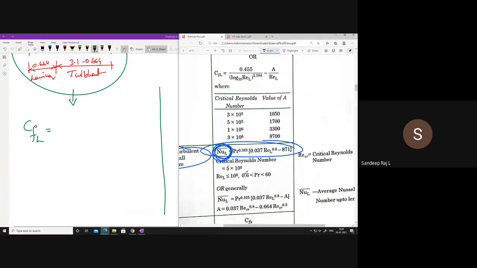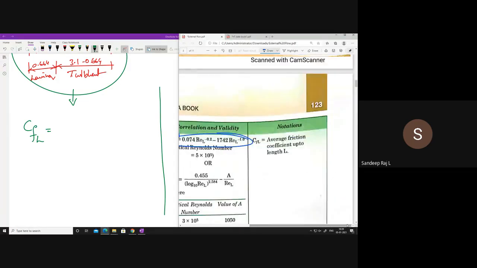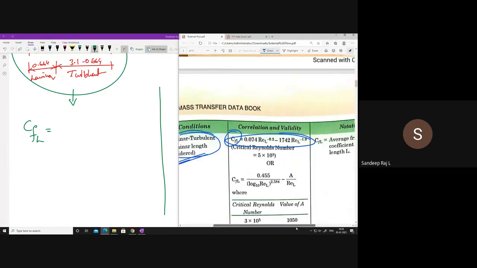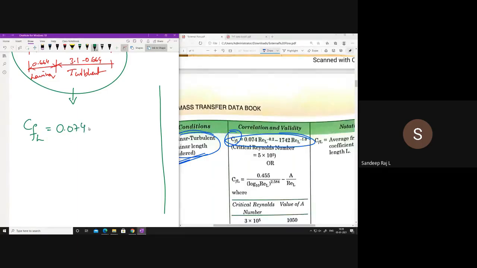Where is that CFL formula? It is in page number 123. CFL is equal to 0.074 into REL to the power of minus 0.2, minus 1742 into REL to the power of minus 1.